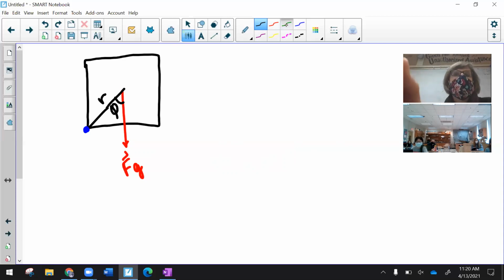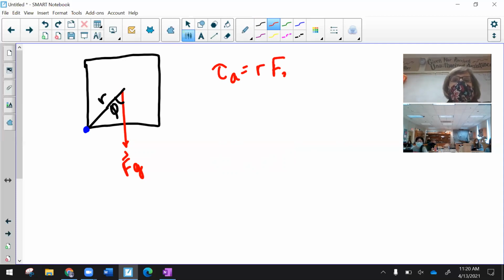All right, so again, let's write it this way. I know that tau G is going to be R FG sine phi, and I need to find all those things. Different R than from the last part of the problem, but R nonetheless. Okay.